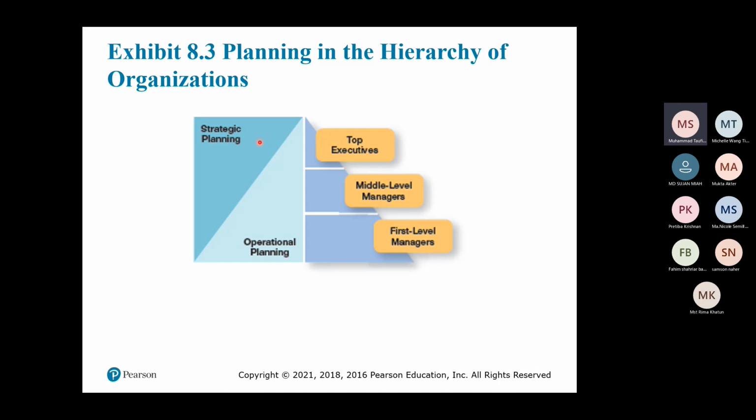They make plans for the whole organization. They don't care about specific areas in the organization. What they care about in top management is the direction of the organization. That's why top management is more on strategic planning.